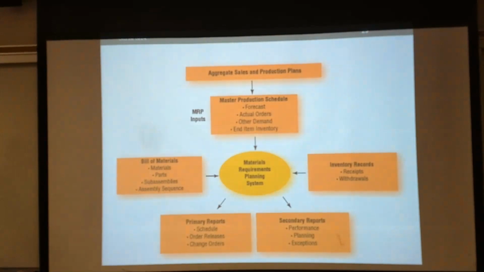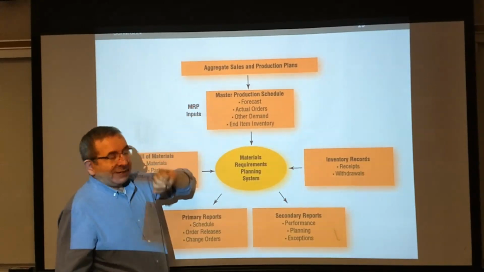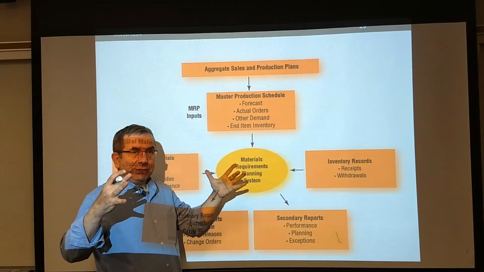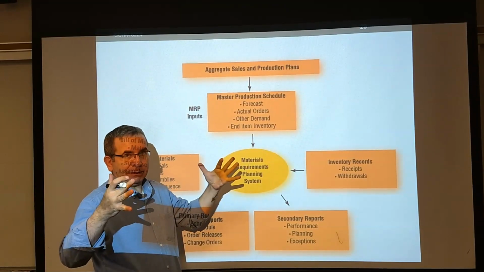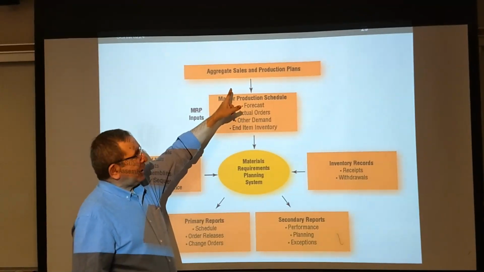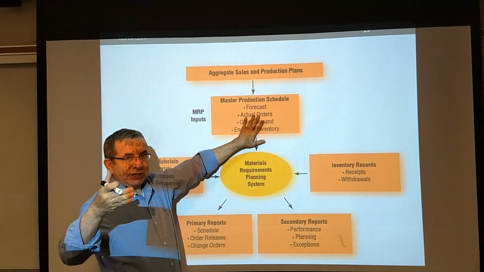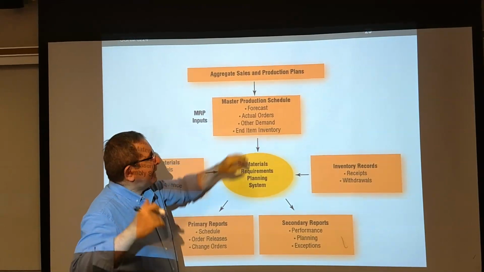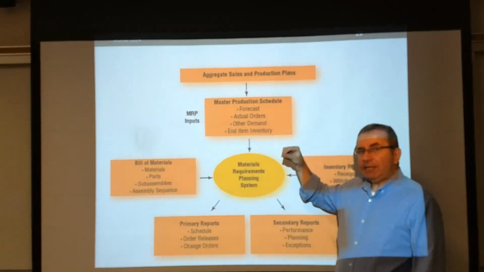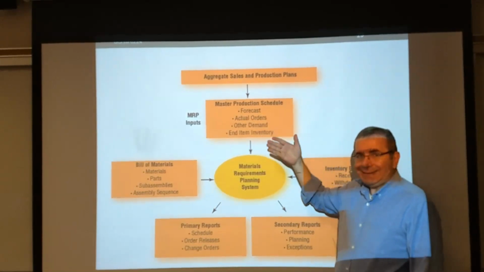The input comes from the aggregate production plan, and this tells you how much you will make in total in a month. Once you know that, you can break down that single number into production quantities for each SKU. So this is a schedule of which SKU, finished goods, you're going to make in which weeks and days.